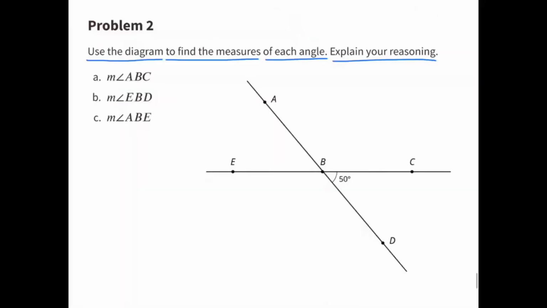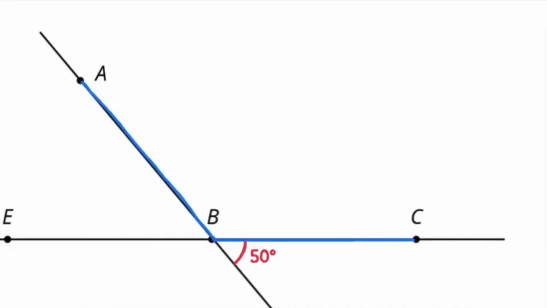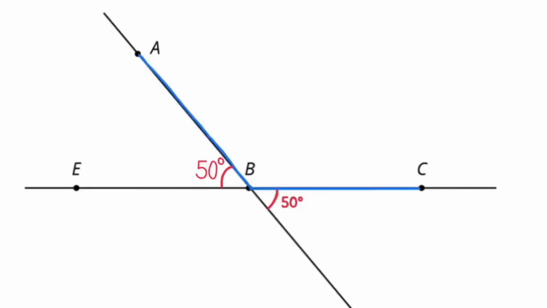Number 2. Use the diagram to find the measures of each angle. Explain your reasoning. A. What is the measure of angle ABC? I've highlighted angle ABC in blue and I've highlighted 50 degrees in red. I know that vertical angles, or opposite angles, share the same vertex, and their angle measures are equal.